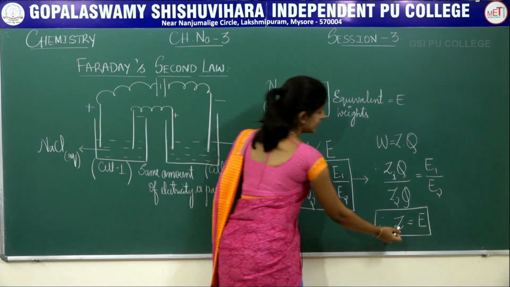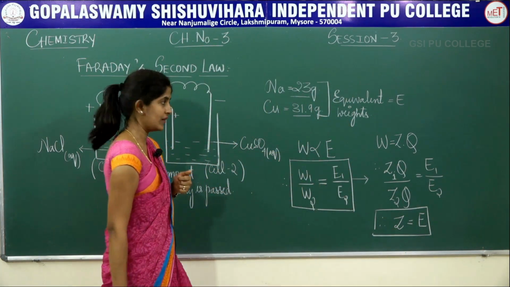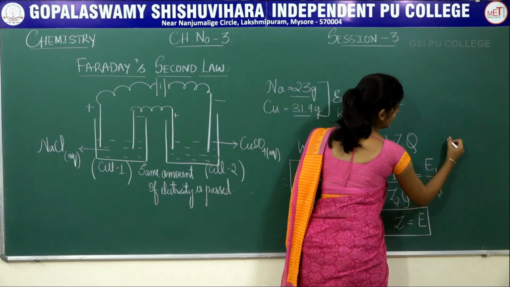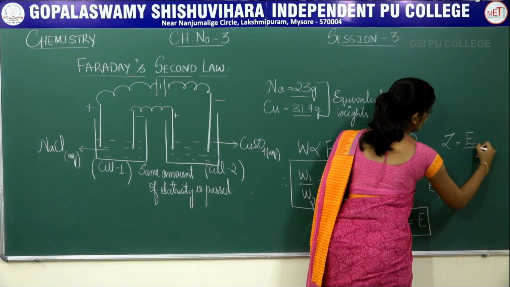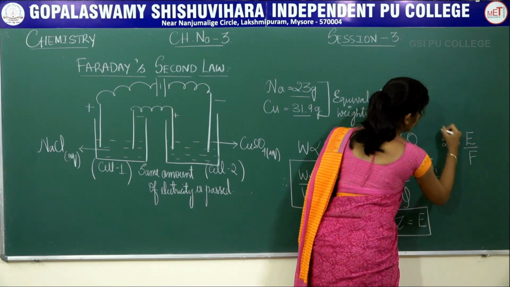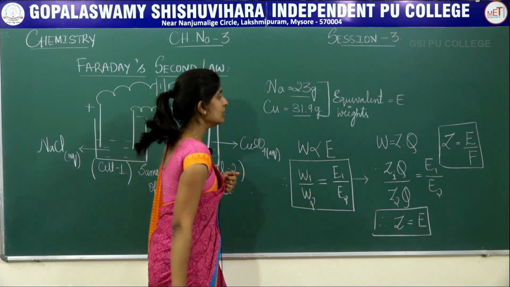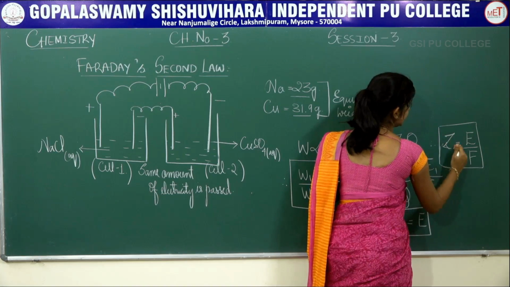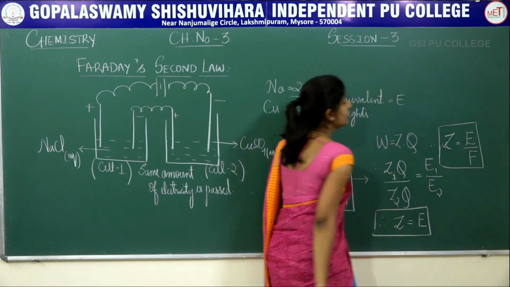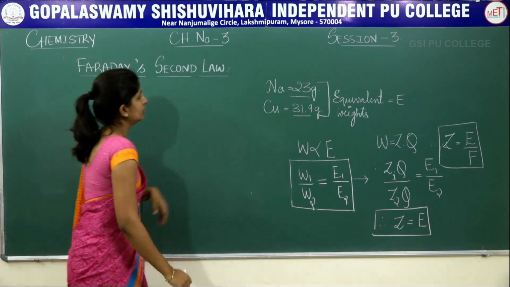So Z, the electrochemical equivalence, can be written as Z is equal to E by F. Let us see what this F is in the further discussion. Remember, Z is equal to equivalent weight by Faraday constant, F. What is F? We will see now.